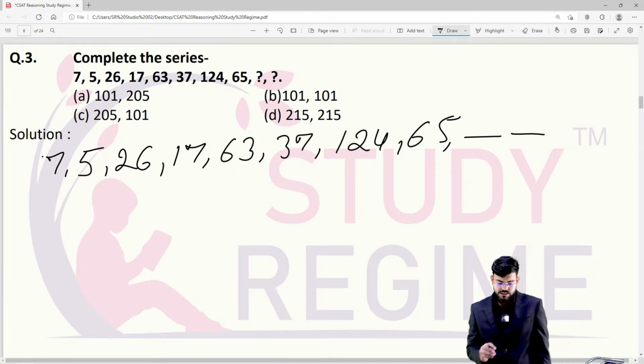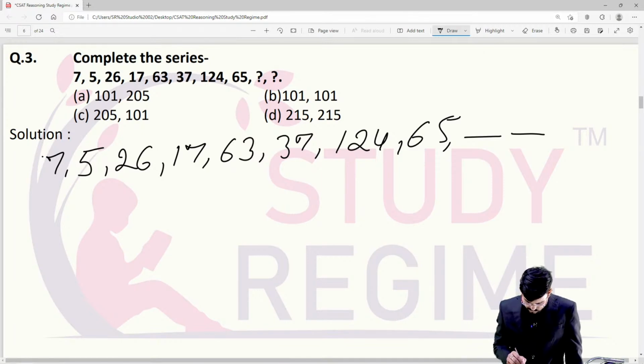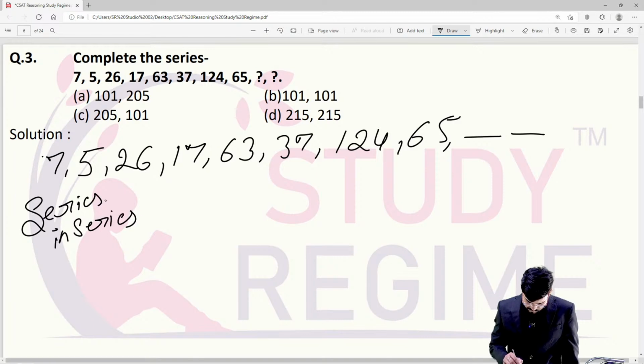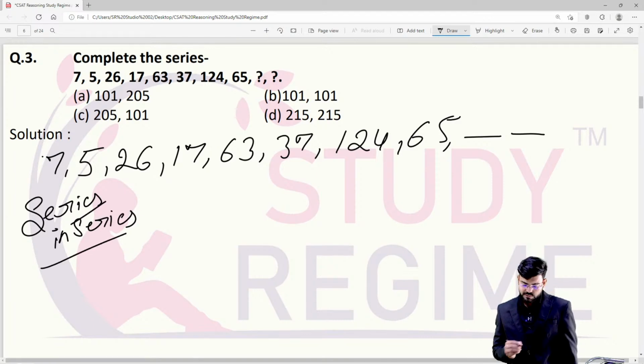You have to fill these missing terms. So this is a question of series in series.